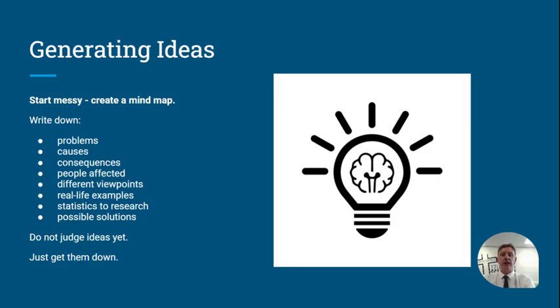Okay, generating ideas, particularly when you feel a little bit stuck. It's normal to feel like that. Lots of students struggle because they think you just need to come up with a perfect idea straight away, and you don't. You need to start with an acceptance that the process of generating ideas is messy.